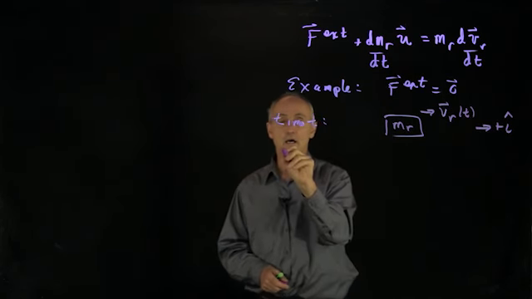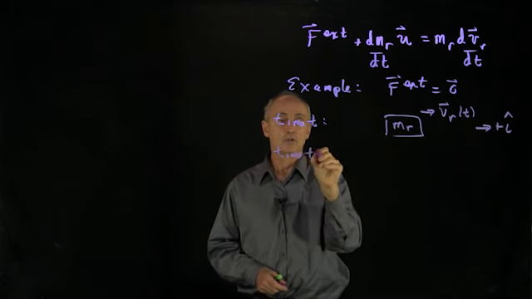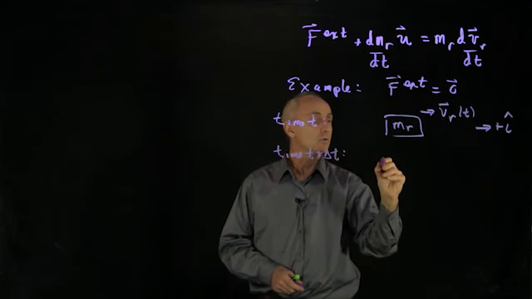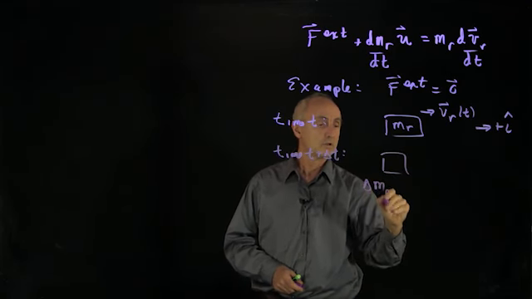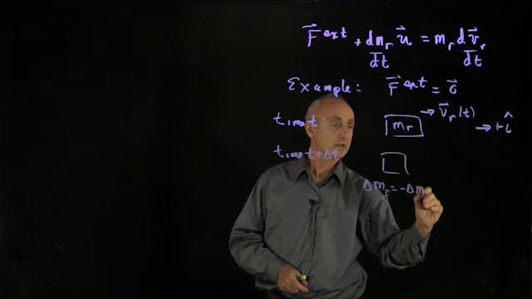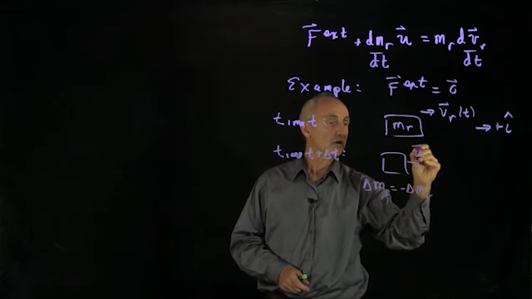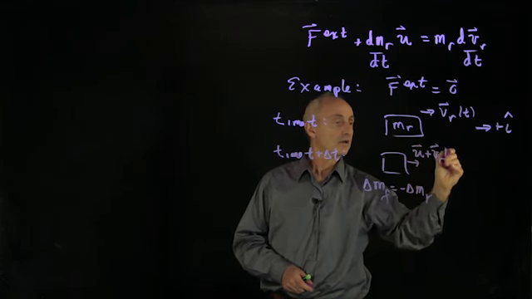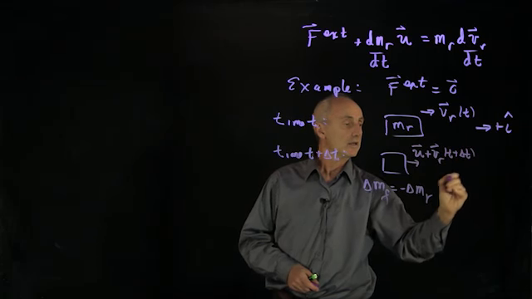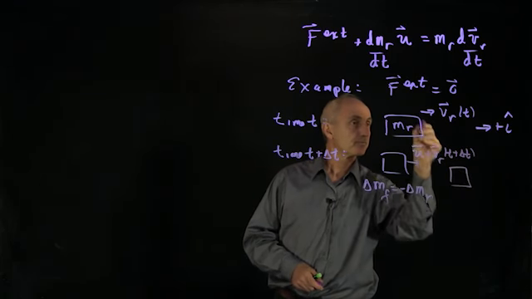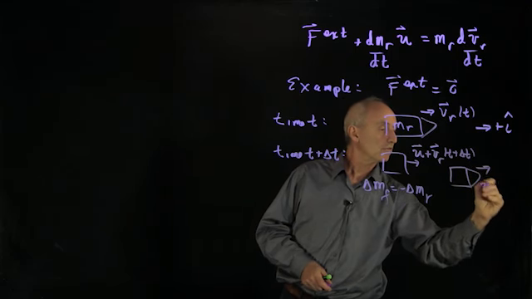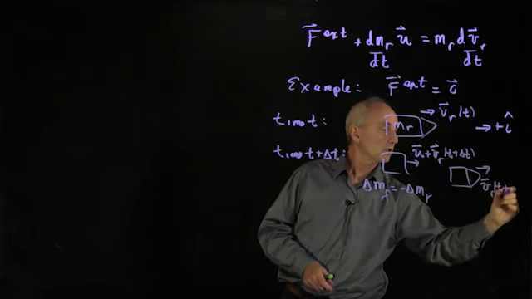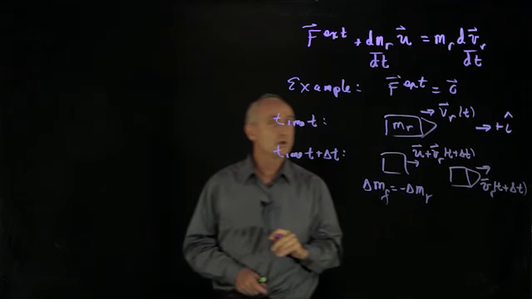And then at time t plus delta t, we have our fuel, delta m fuel, which was equal to minus delta m rocket, moving with a relative velocity u plus v_r(t plus delta t). And our rocket itself is moving with v_r(t plus delta t).